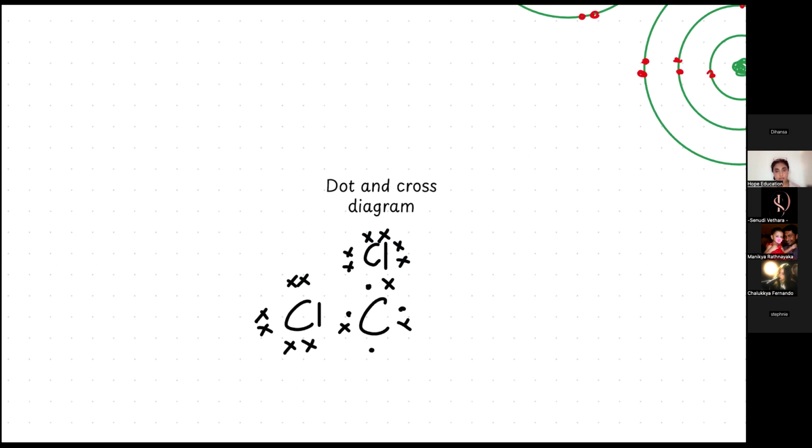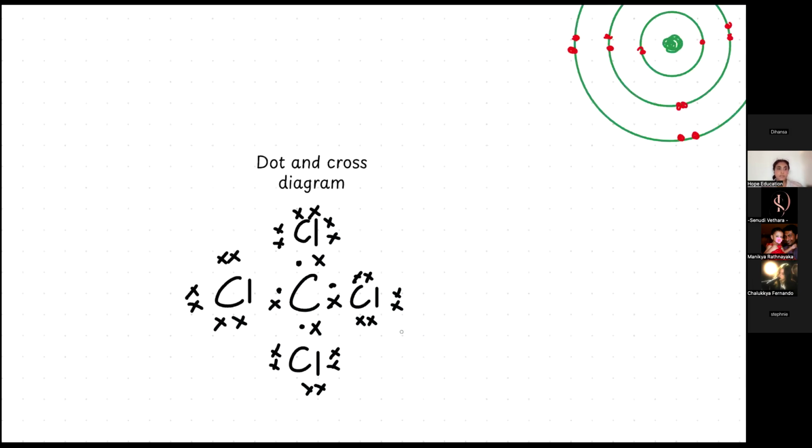These are lone pairs. Crosses show the chlorine electrons. Like this. This is a dot and cross diagram.